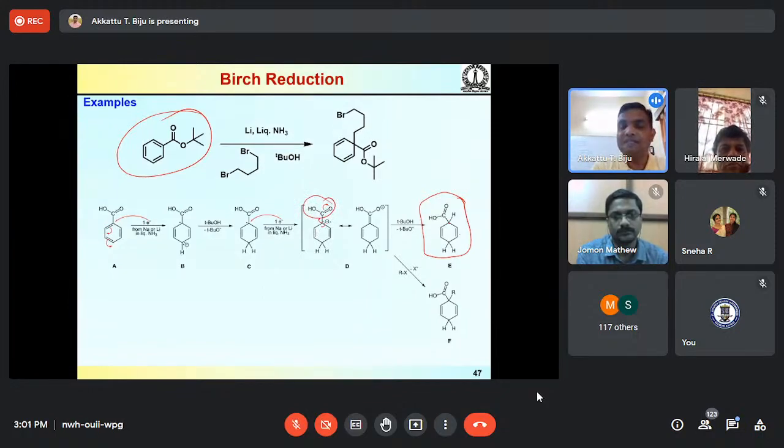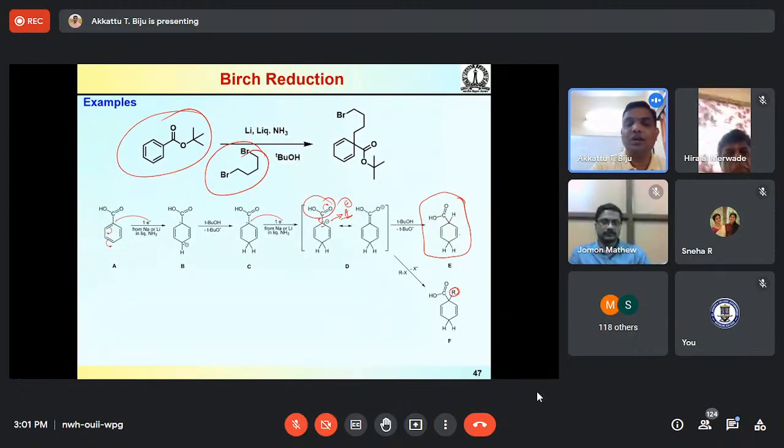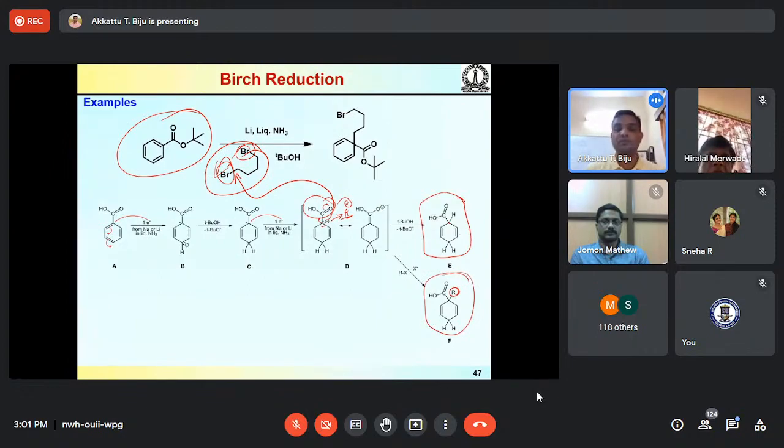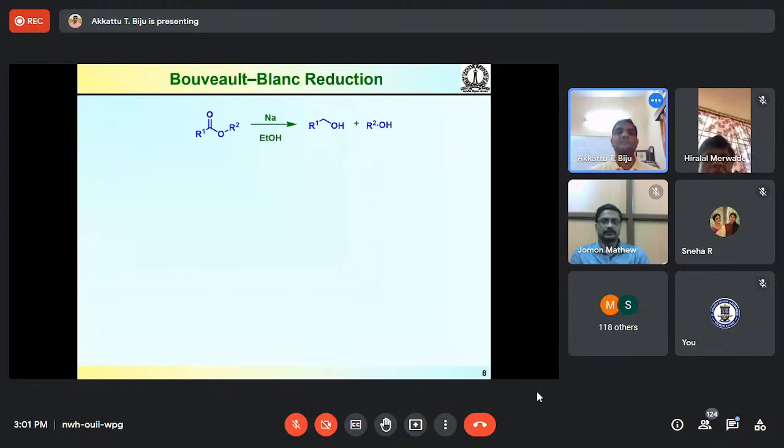Once this anion is generated in the presence of an alkylating agent, it can easily get alkylated. Instead of the protonation which normally happens in a Birch reaction, if you have an alkylating agent like an alkyl bromide or alkyl iodide, the anion can undergo nucleophilic attack on the bromide, displacing it to form an alkylated species. This is also possible in some cases in Birch type reactions.